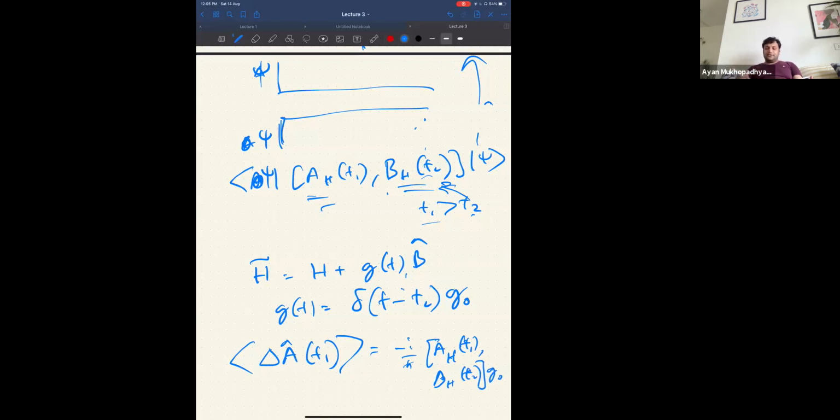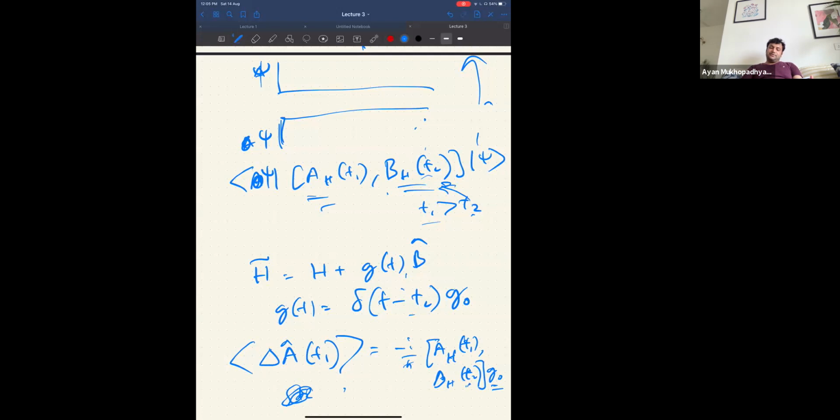Because when I do the integration, because of the delta function, it only contributes at one place, right? Because g is a delta function, you can go back to the expression. So it only picks up. So there was a tau here. And because g of tau has a delta function, so it only picks up here.